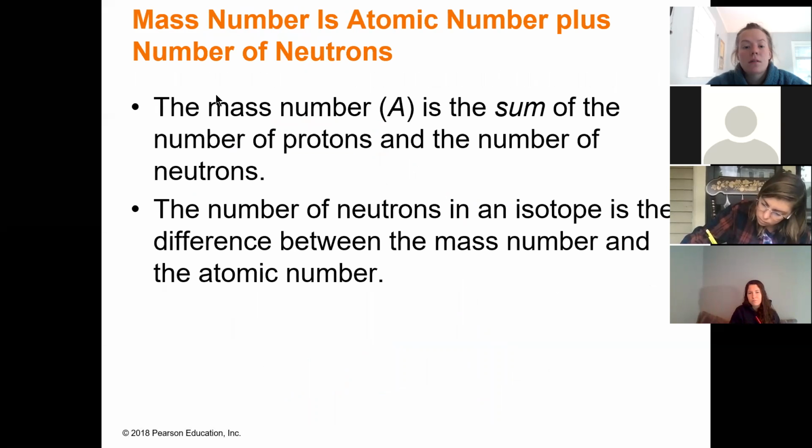Again, the number A is the sum of the number of protons and the number of neutrons. So when we want to figure out the mass number, it's the protons and the neutrons. Or if we want to find the number of neutrons, we know the mass and we know the protons, so we can figure that out.